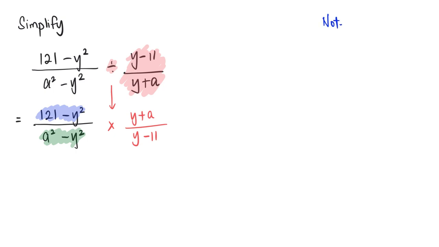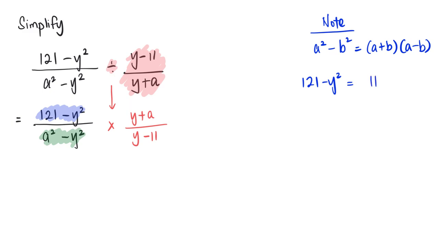So do take note, we are now going to apply this special product. So my 121 minus y square, I could rewrite it as 11 square minus y square.